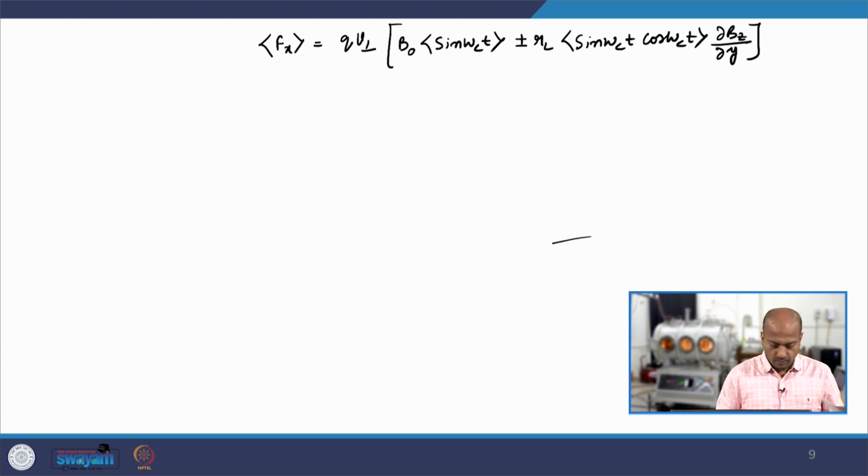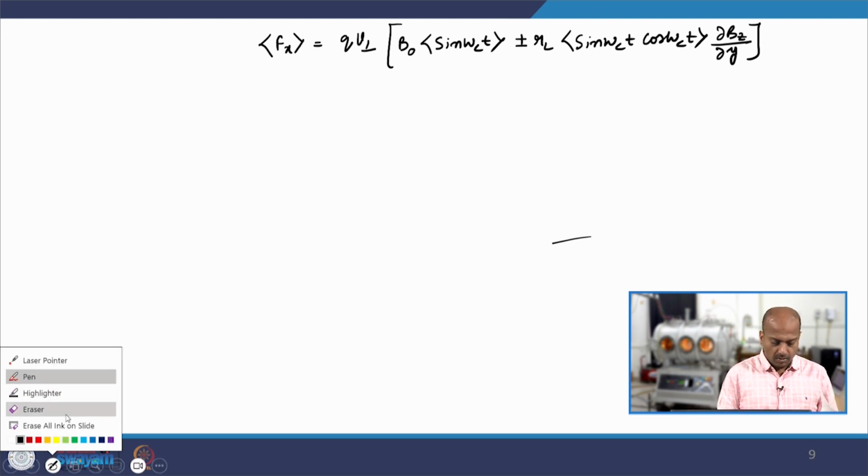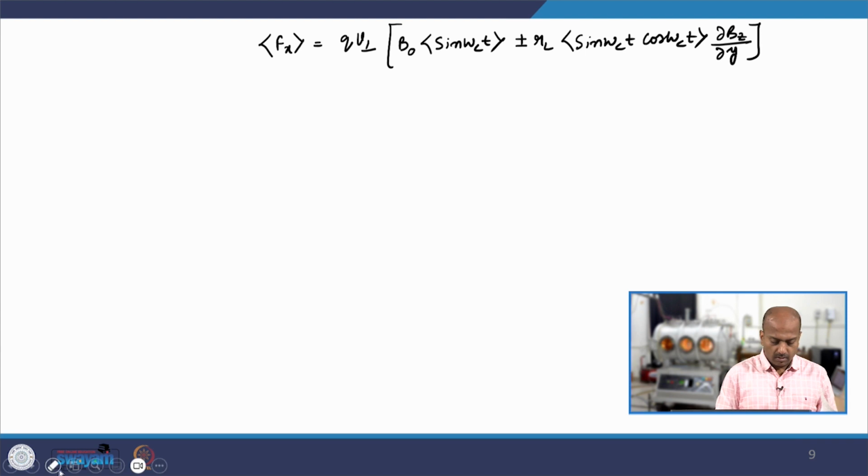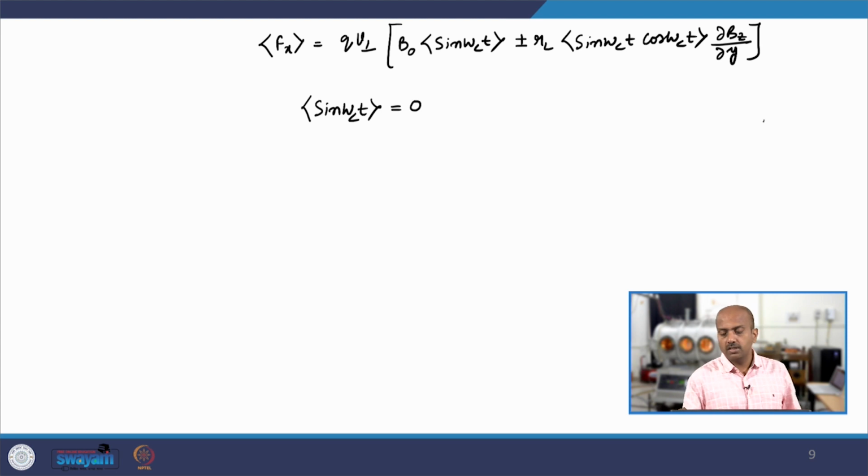So, we know from simple mathematics that average of sin omega ct is 0. Average of sin omega ct between 0 to 2 pi, right?